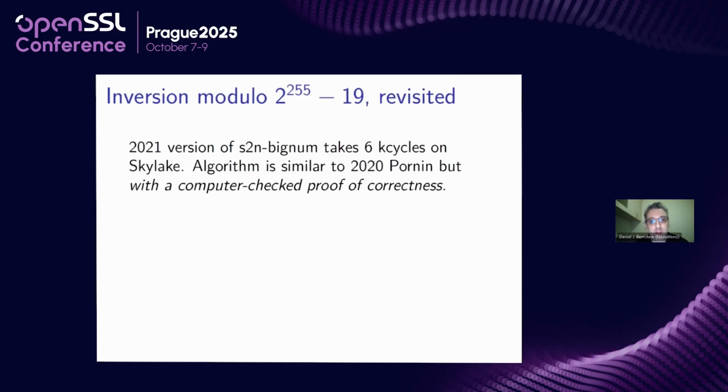So, for example, the first version of S2N Big Num was happily using some fast inversion software, which was 6,000 cycles on Skylake, the speed that I mentioned before from Thomas. The difference is that it had this computer-checked proof. So you feel comfortable using this fast software, because as an auditor you don't care whether it's simple or complicated software, as long as the computer is checking every single line with a trusted checking program.